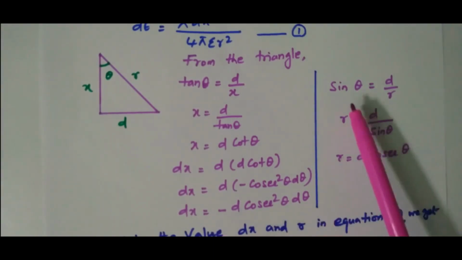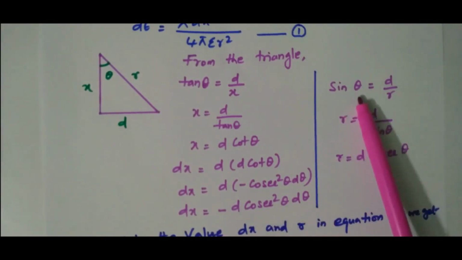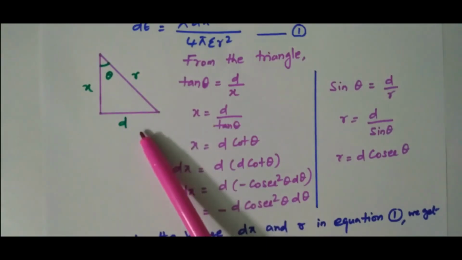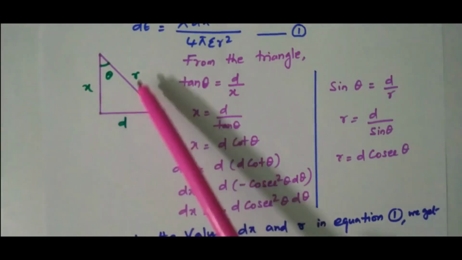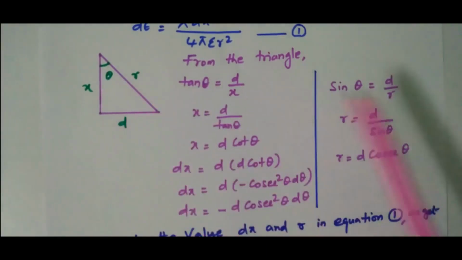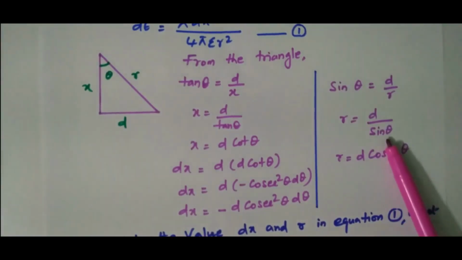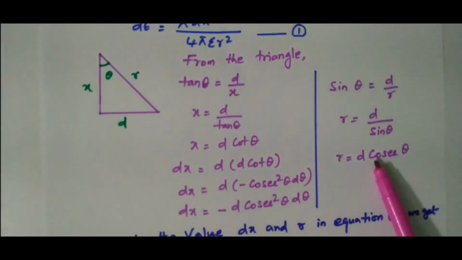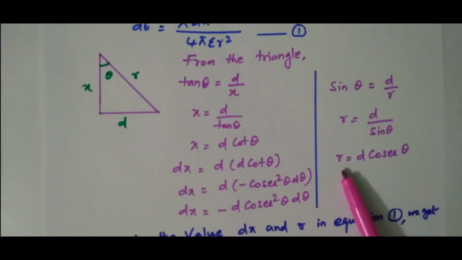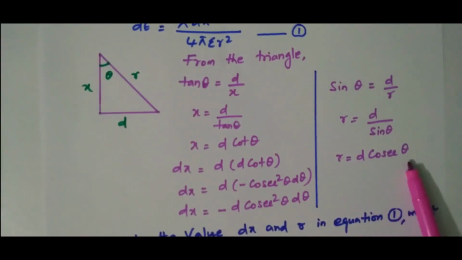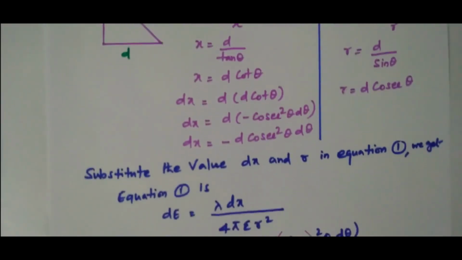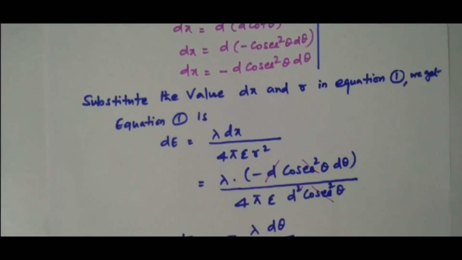Similarly, find sin theta. Sin theta means opposite side by hypotenuse, d divided by r. Cross multiply, so r equals d by sin theta. 1 by sin theta is cosecant theta, so r equals d cosecant theta. Now we have the expressions for dx and r, so these two can be substituted in equation number 1.